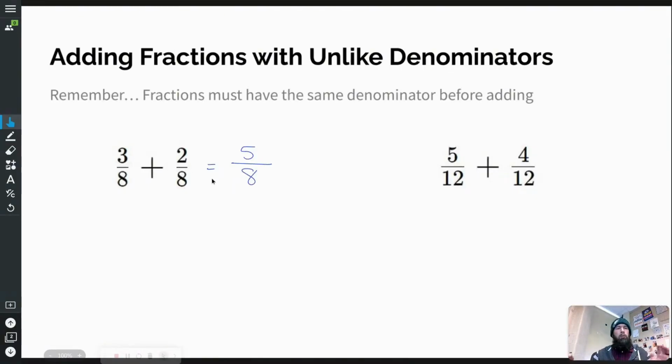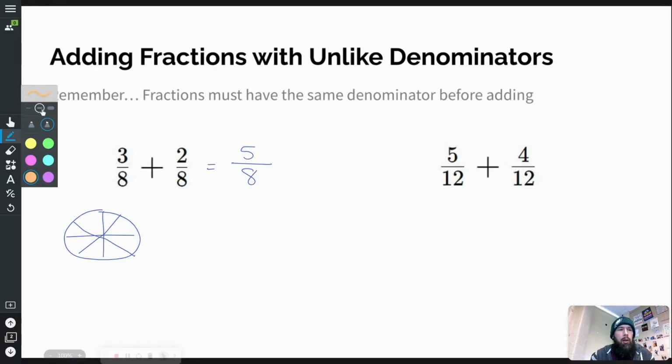And if you're like, well, why don't you do 8 plus 8? Because these are fractions. It's kind of like if you're saying, I have a pizza, right? And I have 3 slices of pizza, 1, 2, 3.